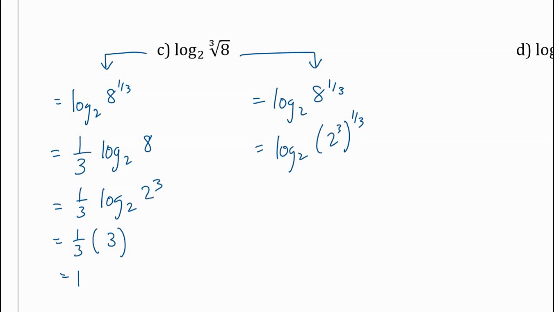Now I use the property of exponents, power of a power. You multiply the exponents. You know what I mean? So this becomes log base 2 of 2 to the 3 times 1/3. Log base 2 of 2. 3 times a third is 1. So again, it's 1.